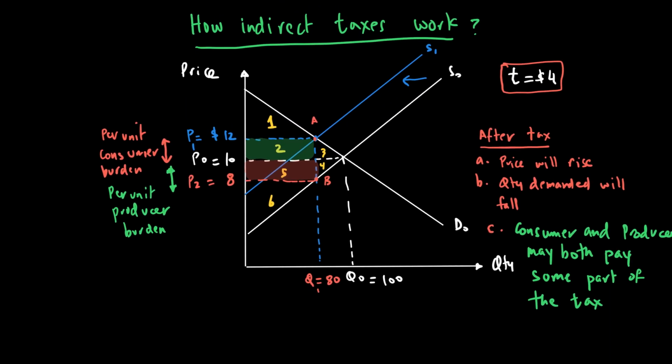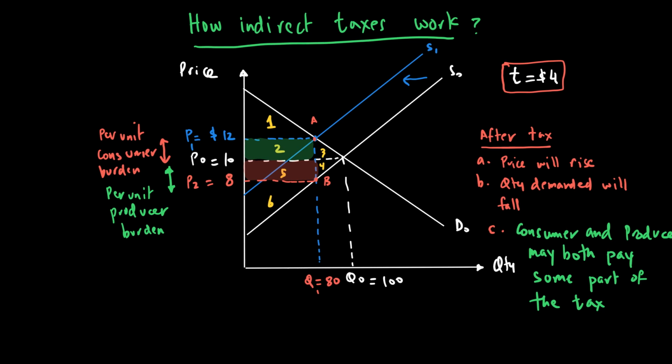So let's start. Before tax, my price was P naught, my quantity was Q naught. So price is P naught, quantity is Q naught, and the area under the demand curve is this much. So I can say my consumer surplus, the area under the demand curve above the market price of $10, is 1 plus 2 plus 3.